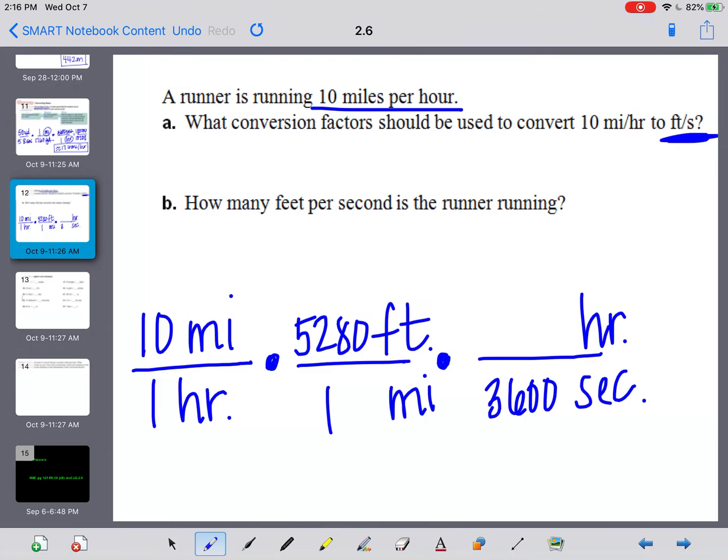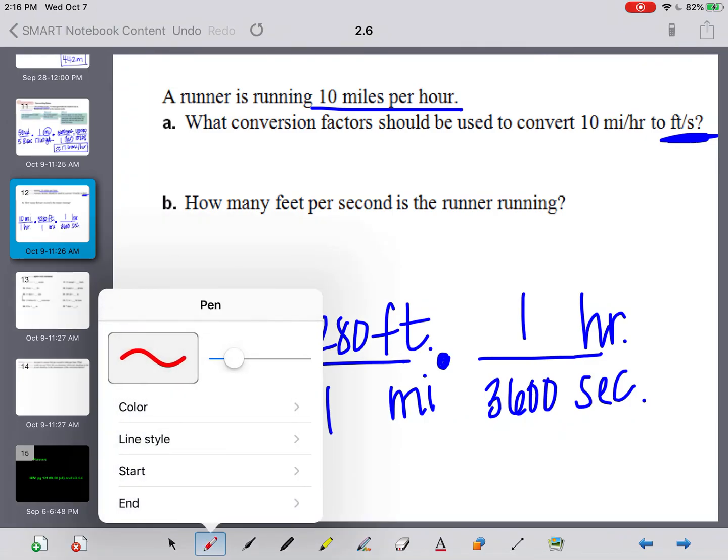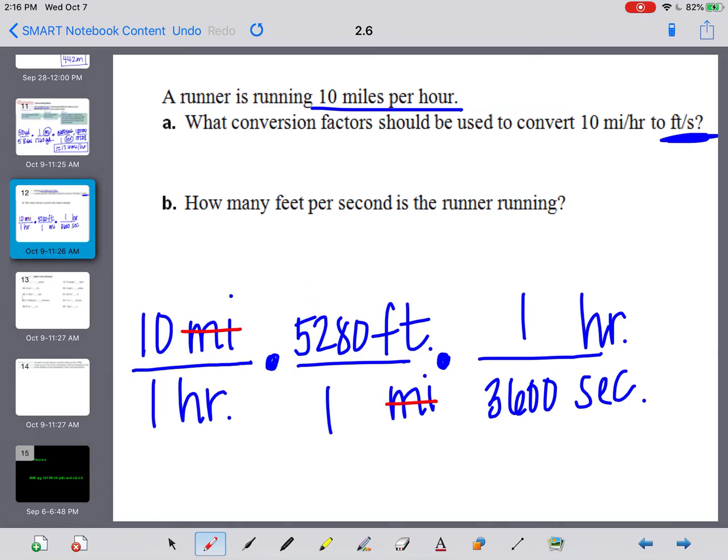Now I'm going to fill in these actual conversion factors. There are 5,280 feet in 1 mile, and there are 3,600 seconds in 1 hour. And I cancel out my units, miles, miles, hours, hours, which leaves me with the feet per second that I wanted.